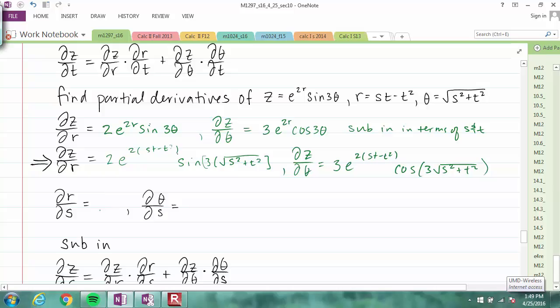So the s is, oh wait, the s is a variable and the t is a constant. So st, that would be just what? t. And then the derivative of t squared is 0 with respect to s.